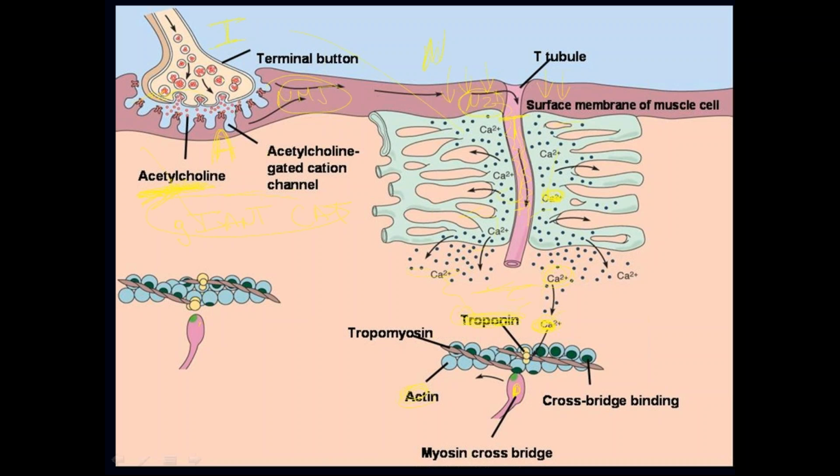What you see here is the terminal axon, and inside it is the acetylcholine. As the electrical impulse passes, it makes the terminal axon release acetylcholine into this neuromuscular junction, producing the entry of sodium and all what we just mentioned.